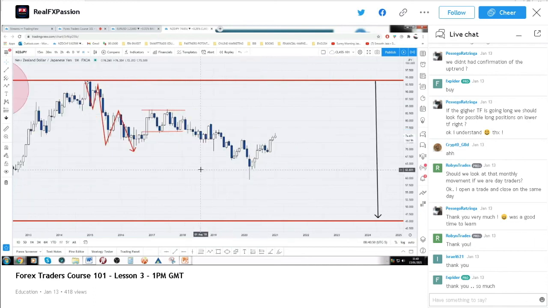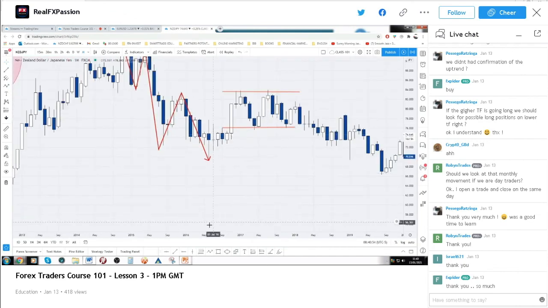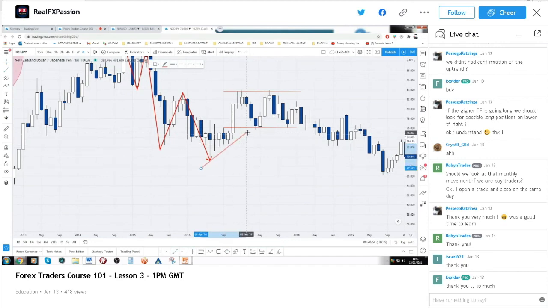We're going to jump on the weekly chart, but we can see what is not suitable for the beginner trader, the wedges, also called pennants. Bull pennant, bear pennant, flagpole pennant, all kinds of pennants.